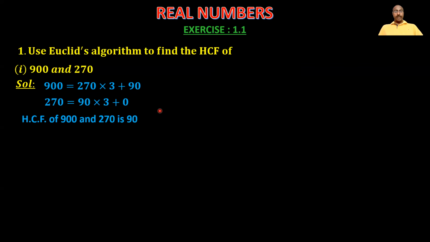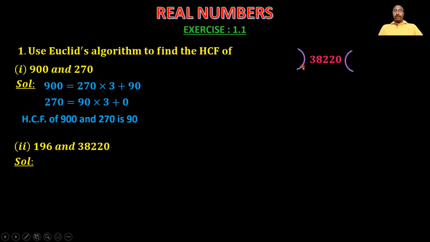Okay, and take one more. 196 and 38,220. So we cannot divide this at a time. So let's take here 38,220 divided by 196, and we have 196 ones are 196, and we are left with 186 and drop down 2. Now 196 sevens are 1372.